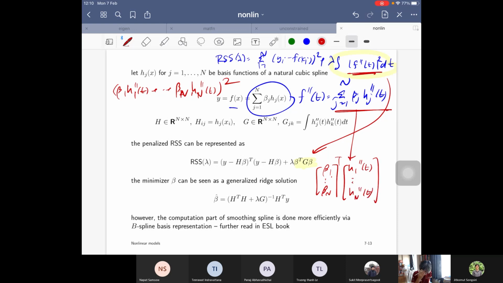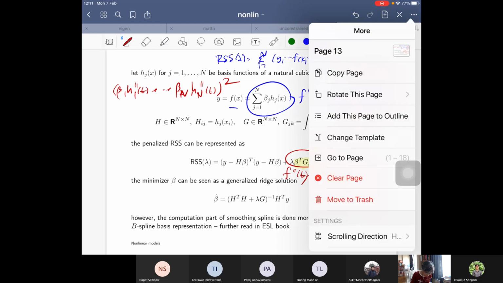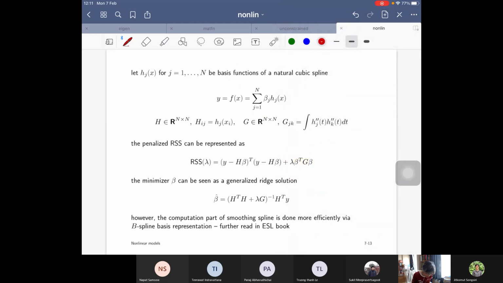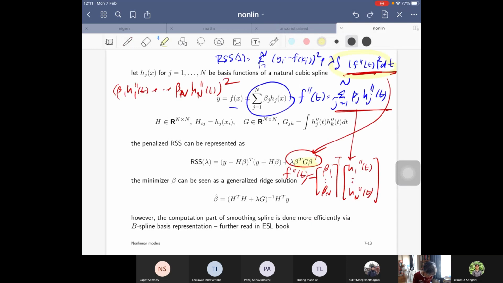Your f double prime of t is this, an inner product between two vectors, and then you square it and integrate. Please show that it can be written as beta transpose G beta. Also, this first term, the residual sum of squares, can be represented in this matrix notation.